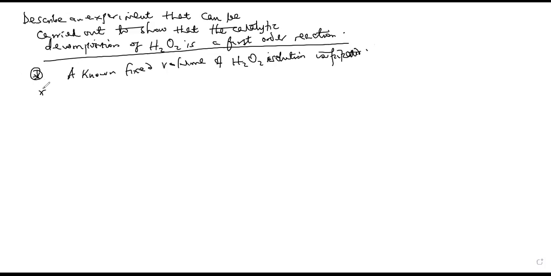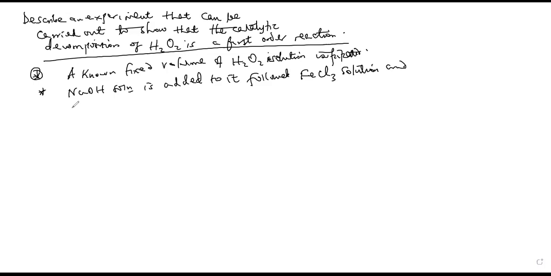After pipetting a known fixed volume of hydrogen peroxide, sodium hydroxide solution is added to it, followed by iron 3 chloride solution and the stop clock started simultaneously at a go.